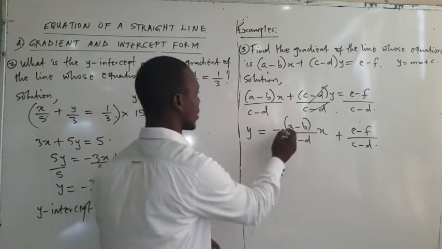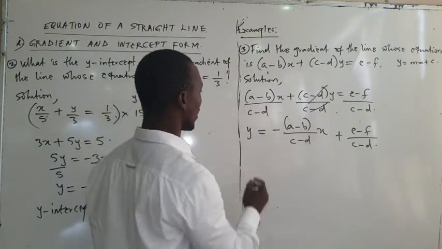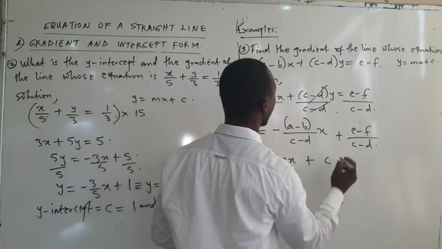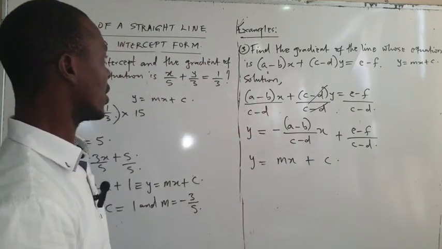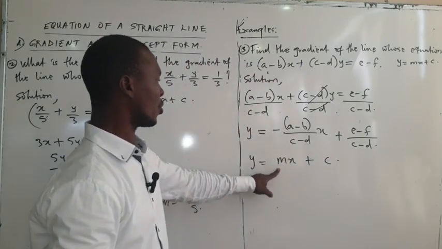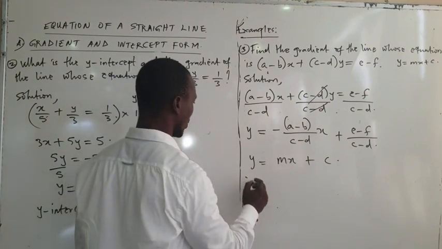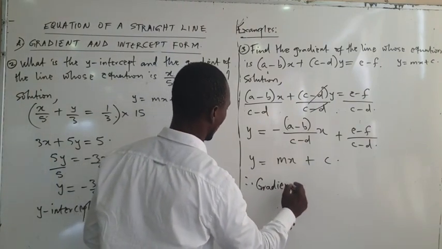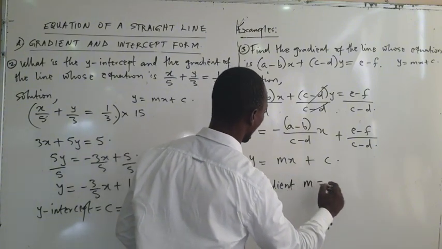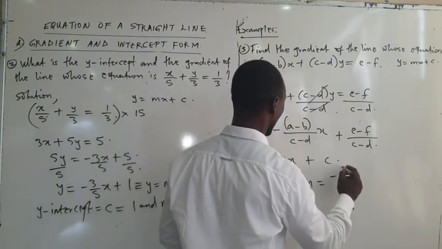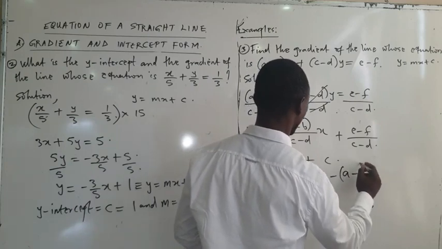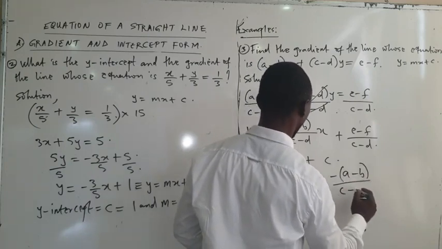So if you look at this equation now, it looks like y equals mx plus c. So since we are looking for the gradient, and the gradient here is m, m equals minus (a minus b) all over (c minus d).